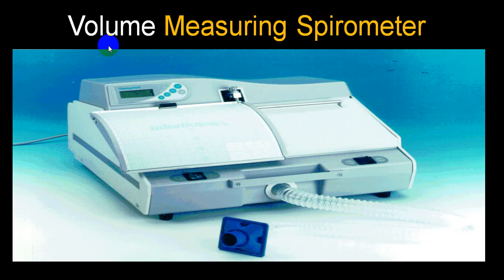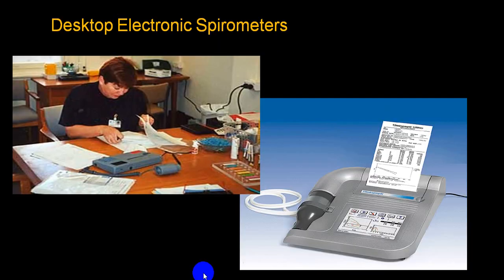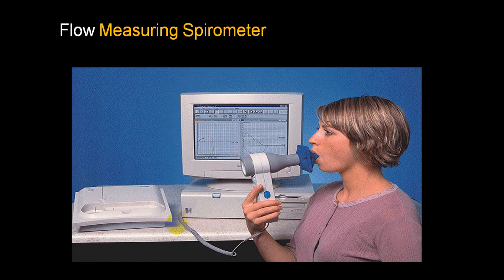This is the instrument for a volume measuring spirometer. This is a flow measuring spirometer. You will get both the charts, that is flow time charts and flow volume loops. This is the best instrument, most commonly utilized, a little costly but the best instrument.